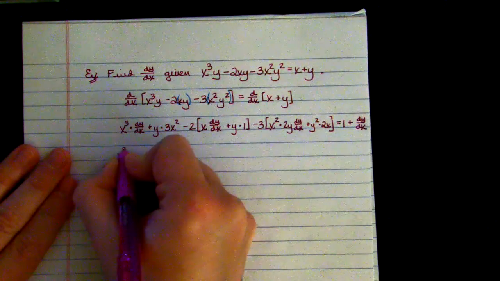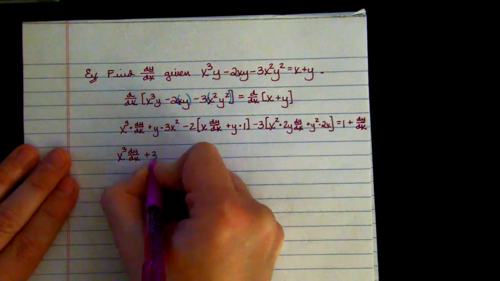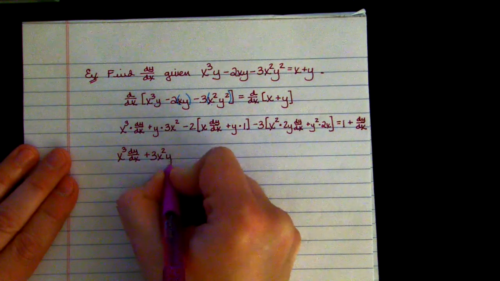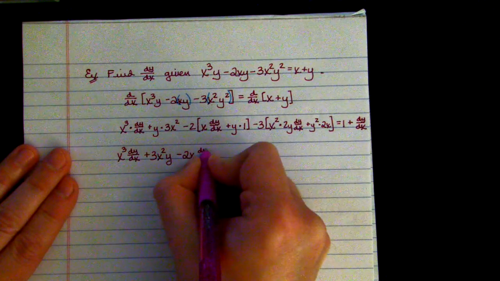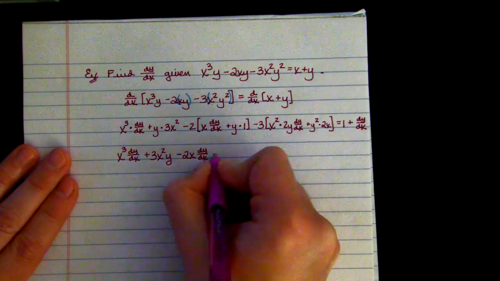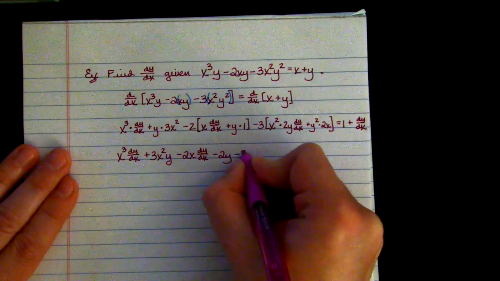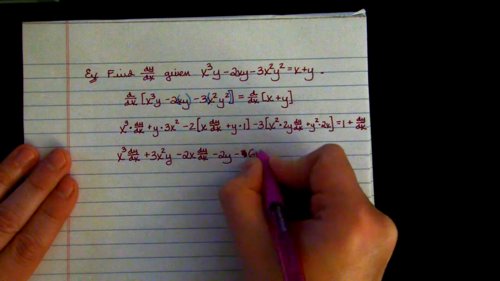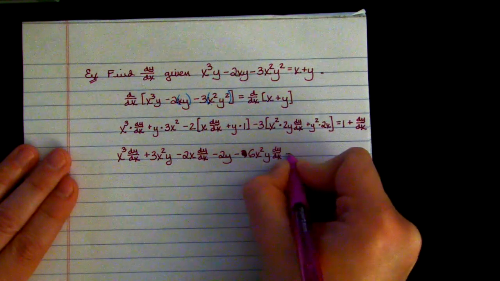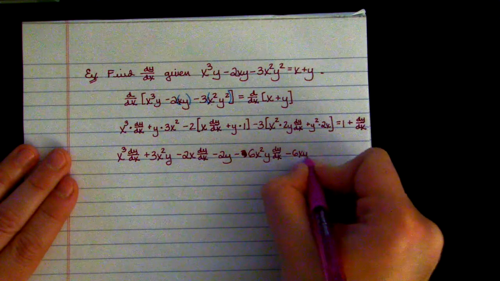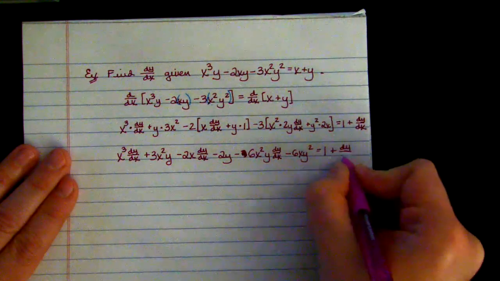We're going to get x cubed dy dx plus 3x squared y minus 2x dy dx minus 2y minus 6x squared y dy dx minus 6xy squared equals 1 plus dy dx.